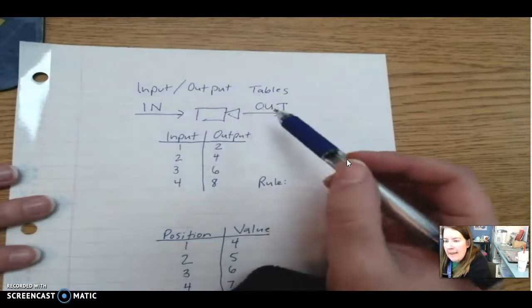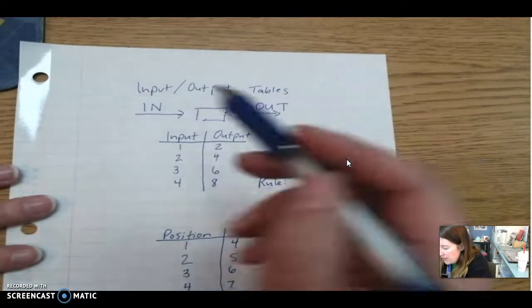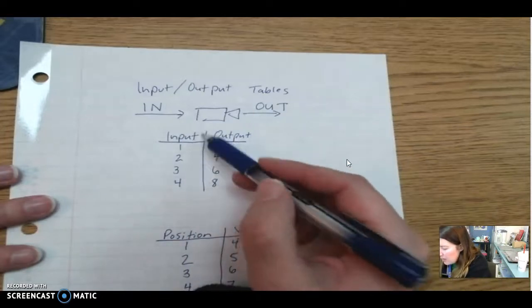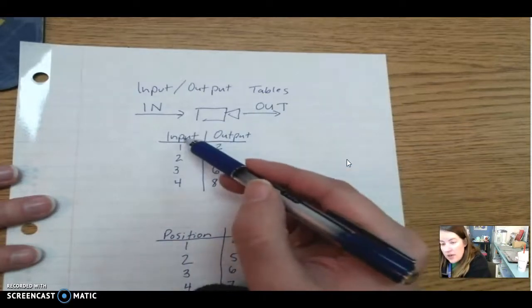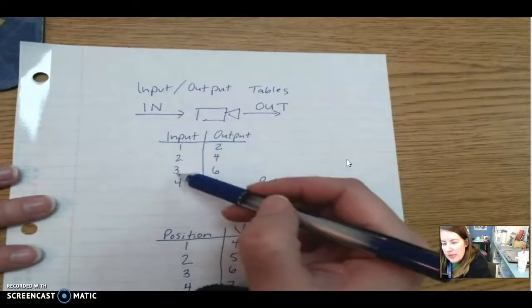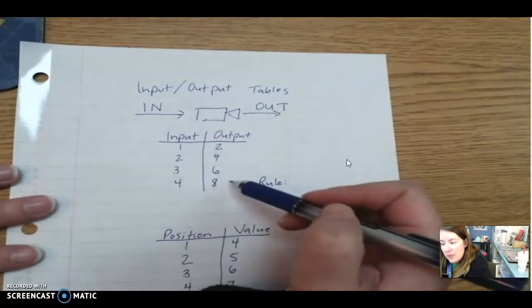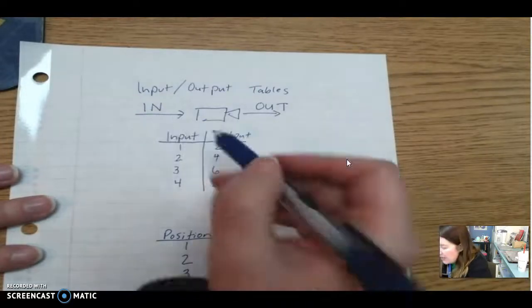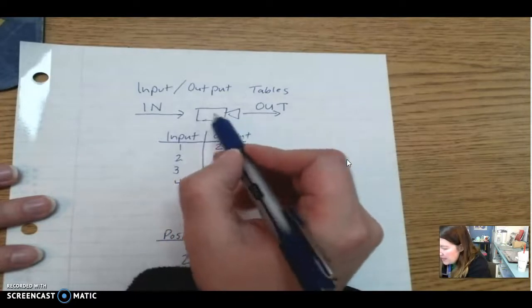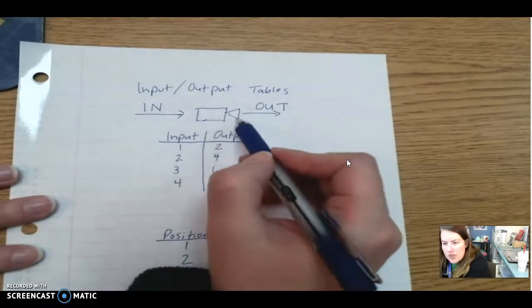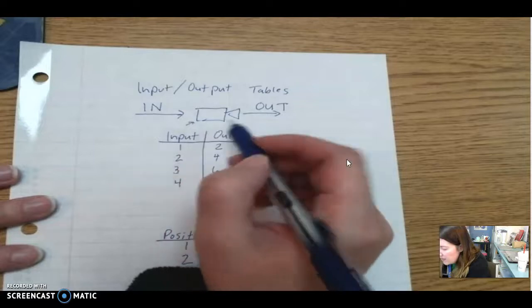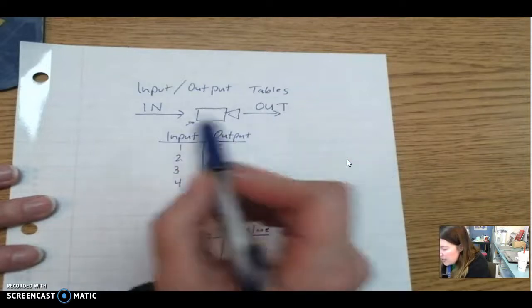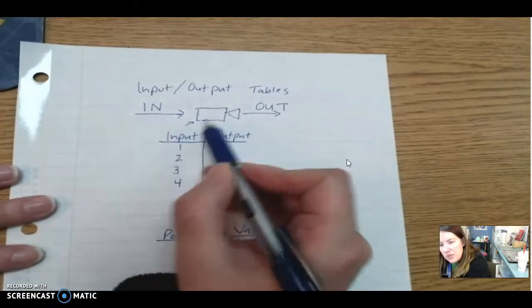So I'm going to help us use our imaginations to figure it out. An input-output table always starts with numbers on the input side, and then we get numbers on the output side. So I want you to imagine this imaginary number machine. That's what this little thing is called right here. So it's a number machine, and we're going to put numbers into this machine.